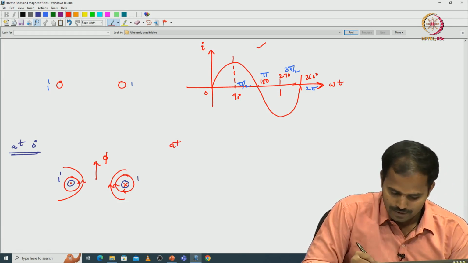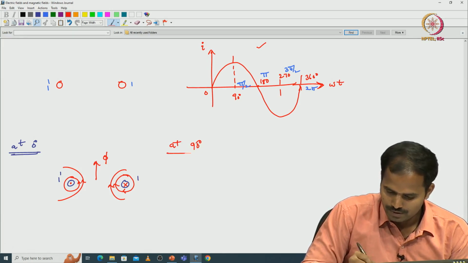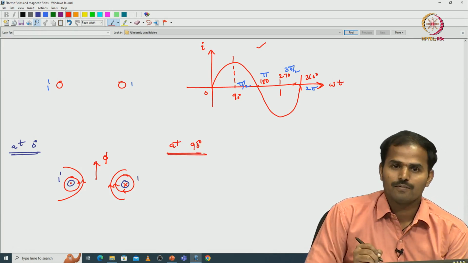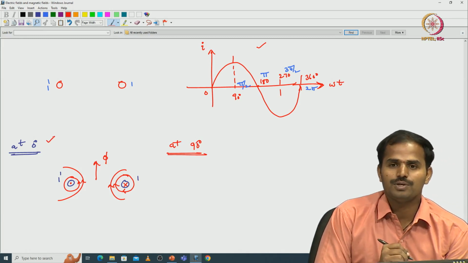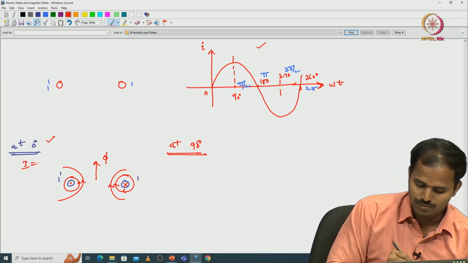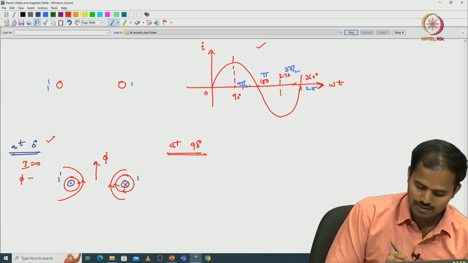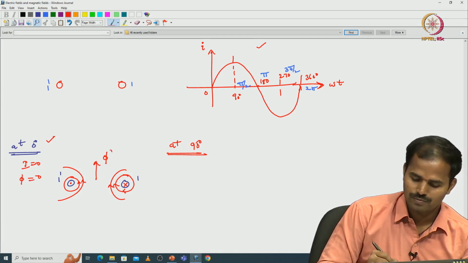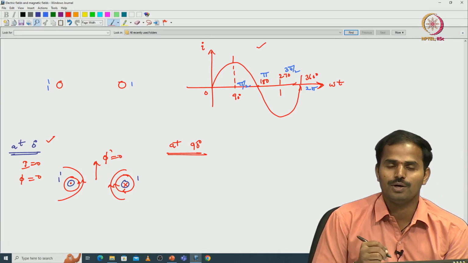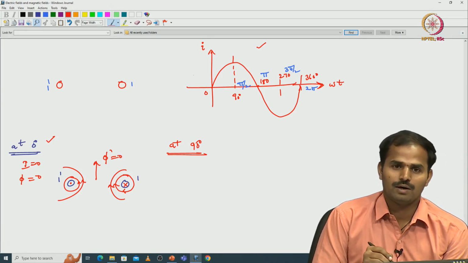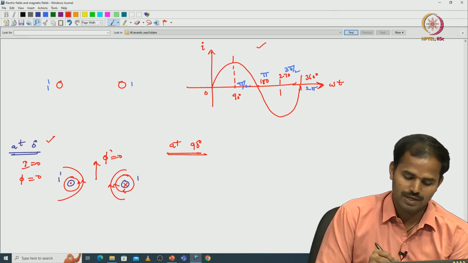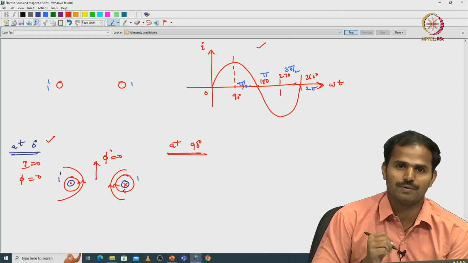At 90 degrees, okay, but what will happen at 0 degrees? The current magnitude is 0, I equals 0, then what happens to the flux? It is 0, no need to do anything. But we assumed what kind of flux will be there with respect to the 0 degrees I have drawn here.